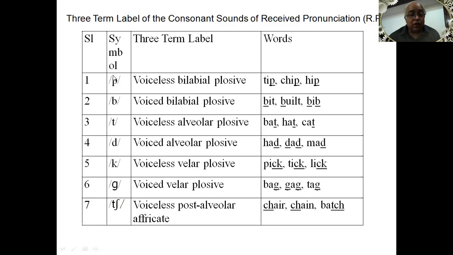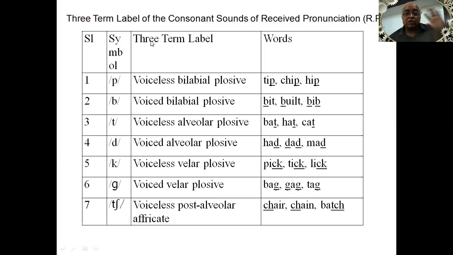See, when I told you earlier, when we write these letters outside that chart, if you write it without the slant lines, this will be taken as a letter of the alphabet. If it is within the slant lines, then only we know that this is a symbol.